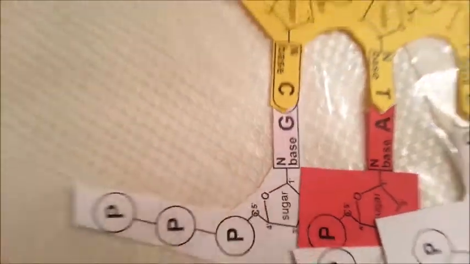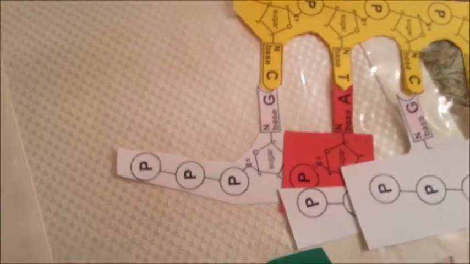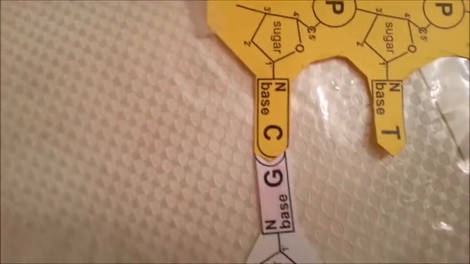So guanine will detach from the RNA nucleotide, and we will then add guanine from the DNA nucleotide, once again breaking off 2 phosphates, and it would do it once again with the thymine, adding on a DNA adenine.